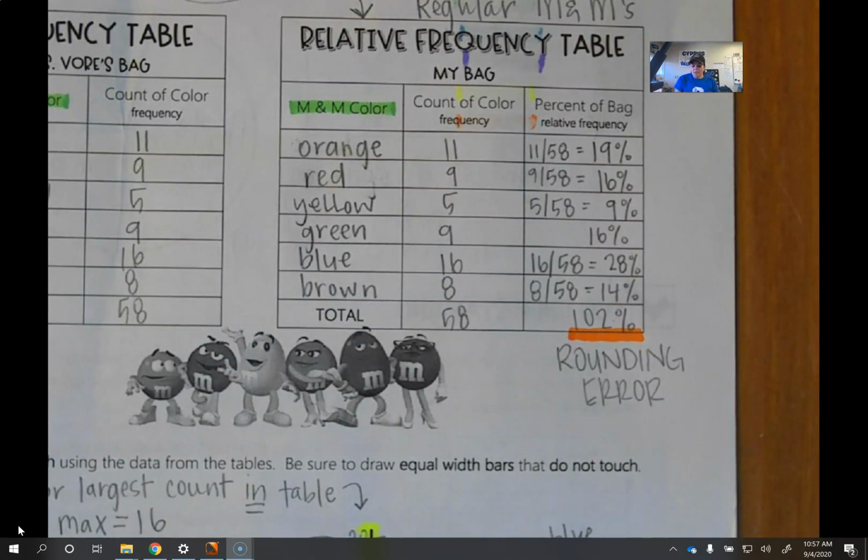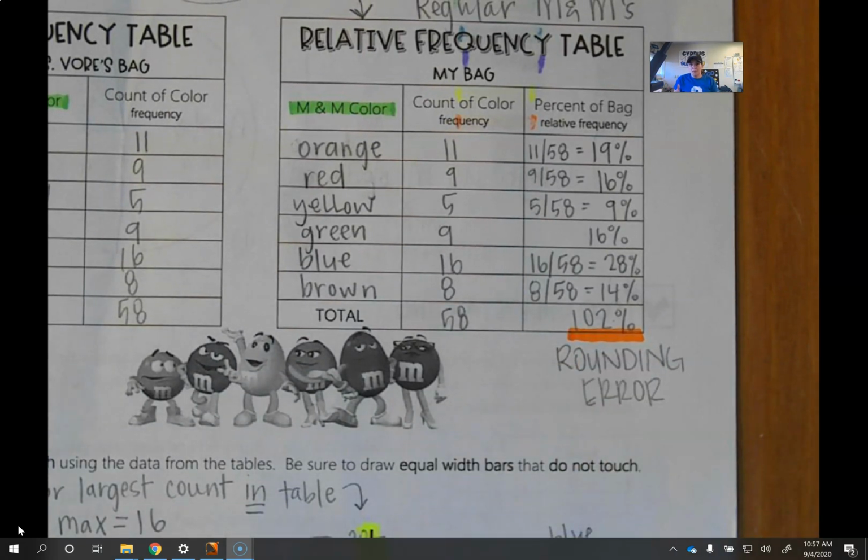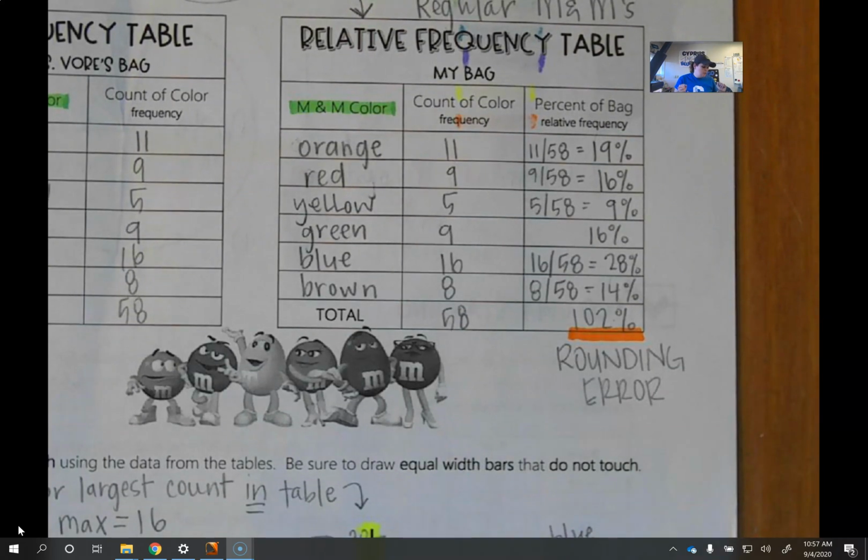So I ended up getting 102% because I rounded up a couple of numbers where the number that I used to round was 5. One of the optional videos that you guys had was how to change fractions to decimals, and I went through to show you slowly how you put it in your calculator and how you round.